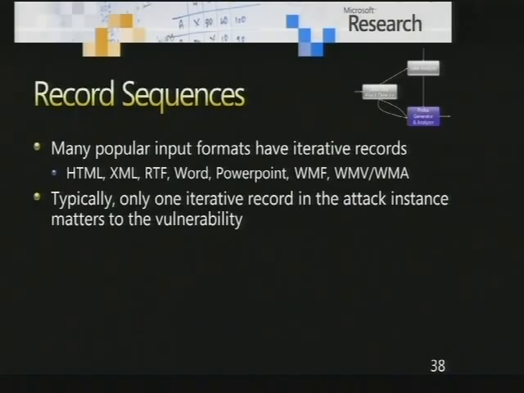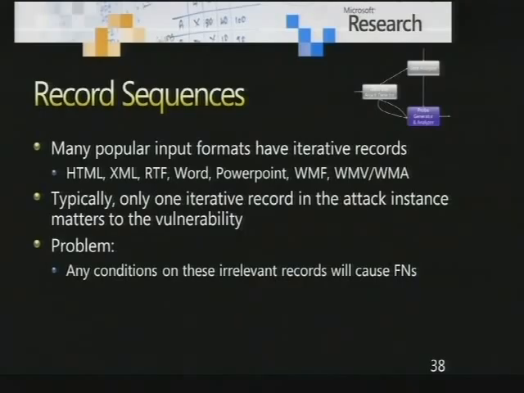For example, in a double math attack, it's only one record that will trigger the attack and exploit the vulnerability. All other records don't matter. So if we don't remove those irrelevant iterative records, any conditions on these irrelevant records will cause false negatives because those are too specific and unnecessary conditions.